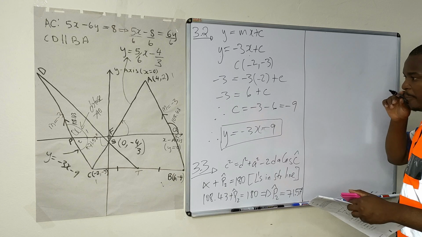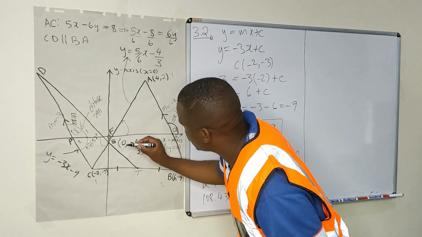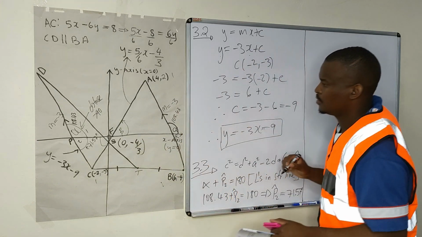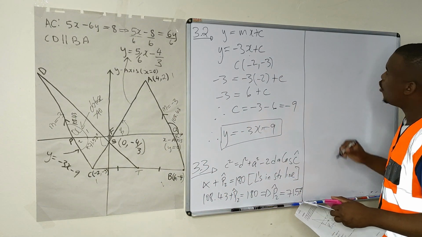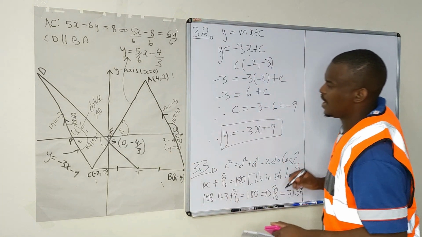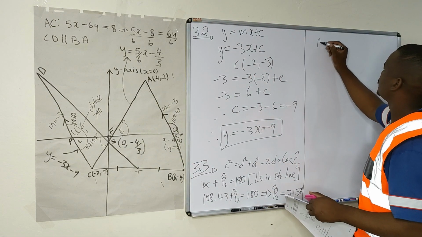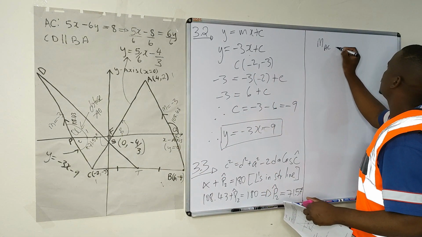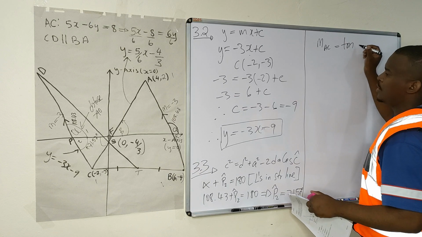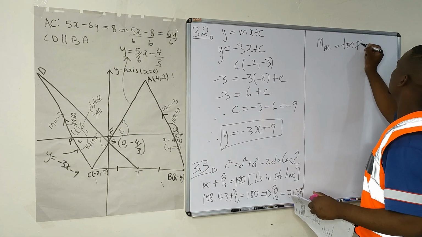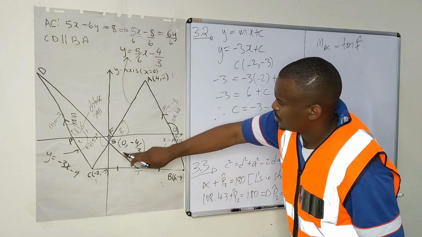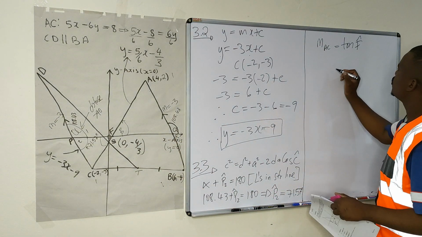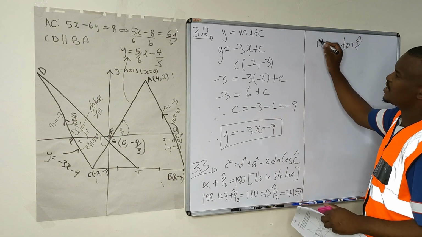So I'll find this angle of inclination here. Let's say it's angle F. So the gradient M of AC is equal to tan F. What is this M here?